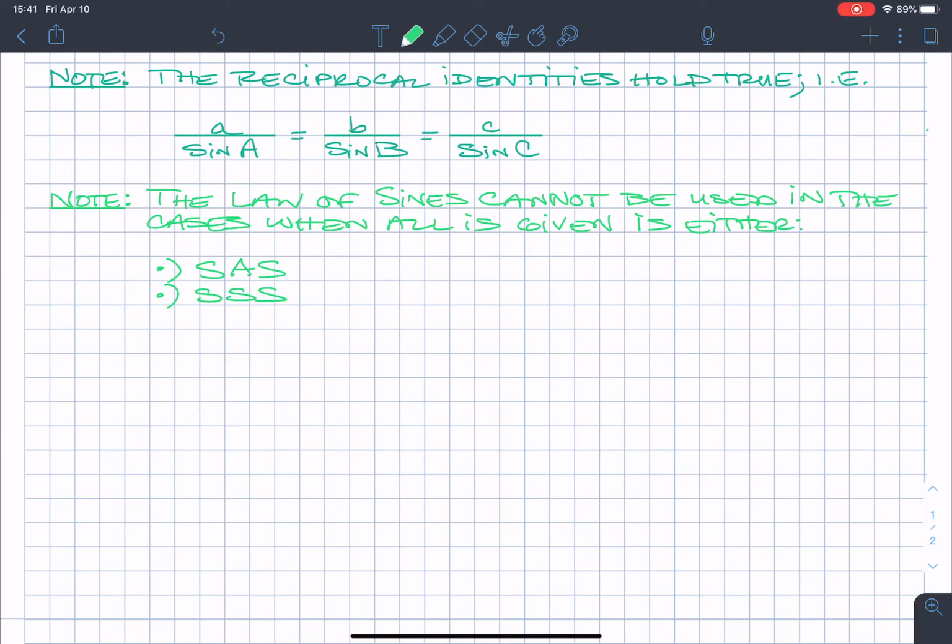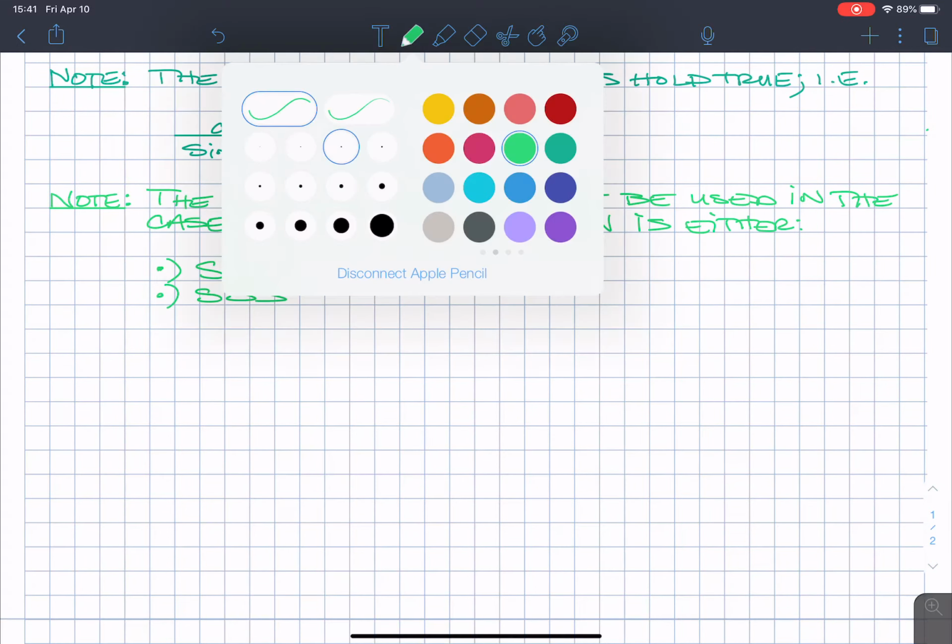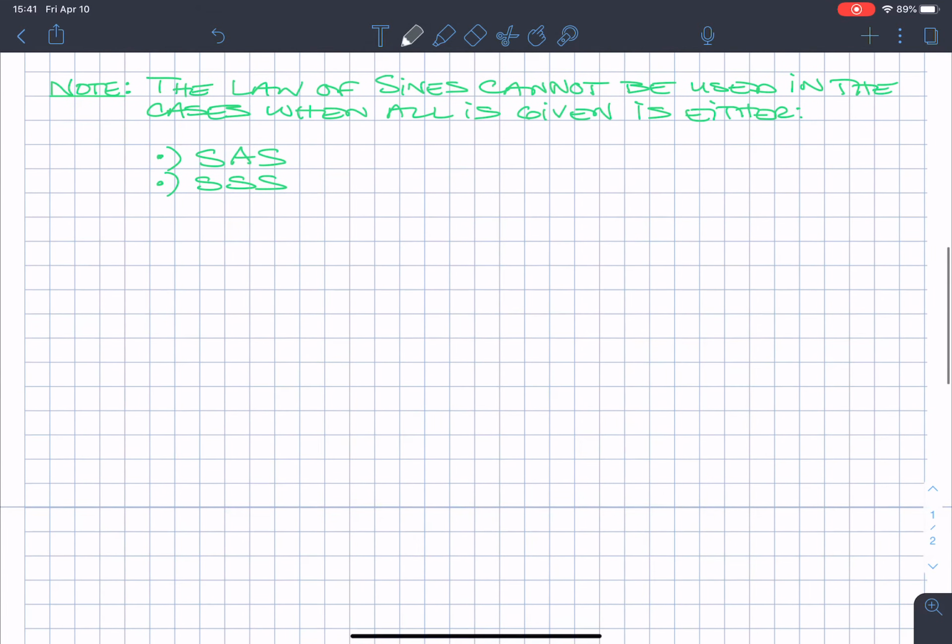If this is the only information you've been given, we can't apply the law of sines because we won't have enough information. So let's do an example applying the law of sines.